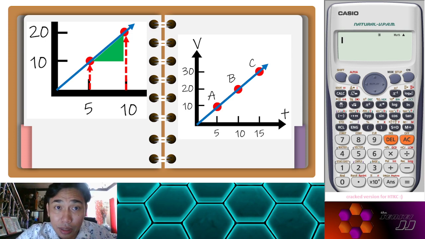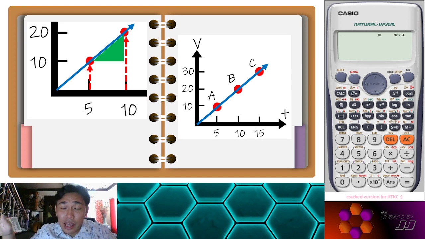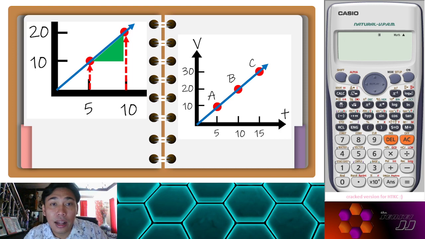At point 10, if you put an imaginary horizontal line from 10, it passes through point A. We can get a triangle shape from points A and B. We have the hypotenuse, which is our line that passes from point 0 to point A to point B, and that 10 mark in our velocity. If you put an imaginary line, we can get the area of the triangle.